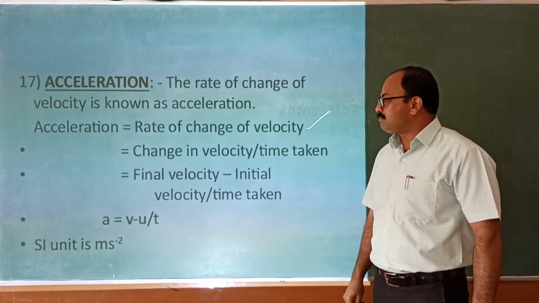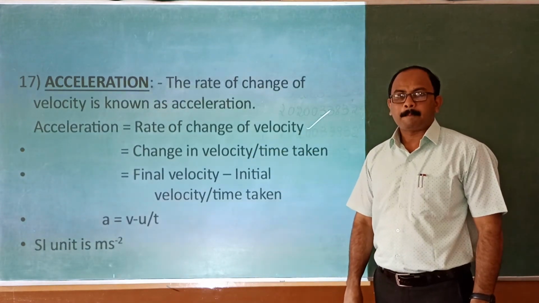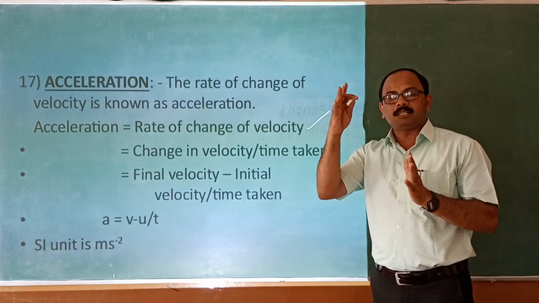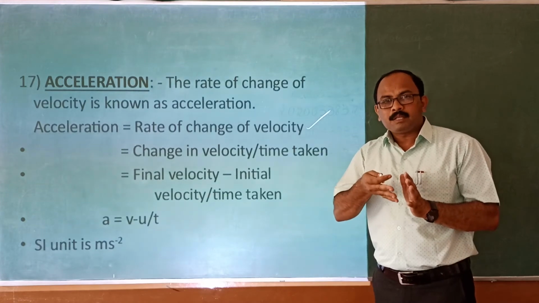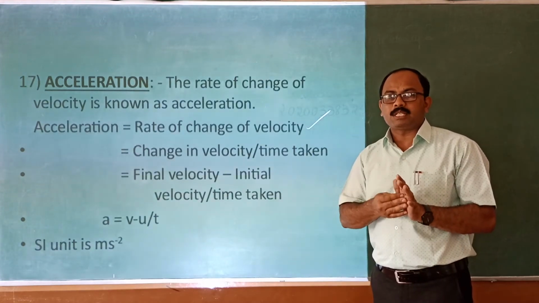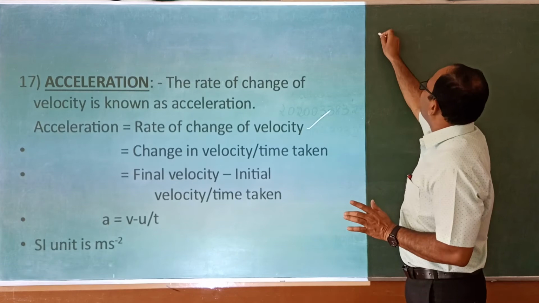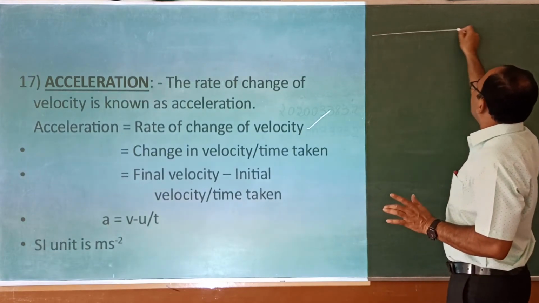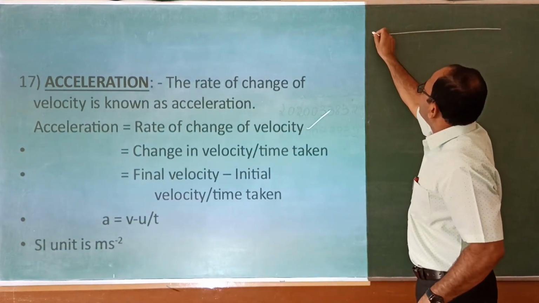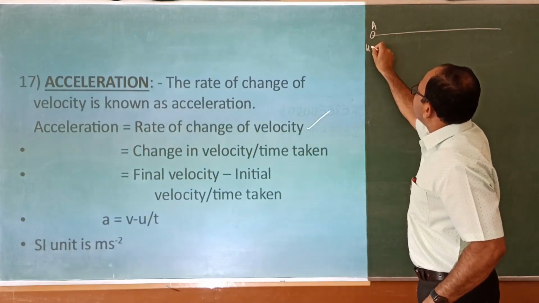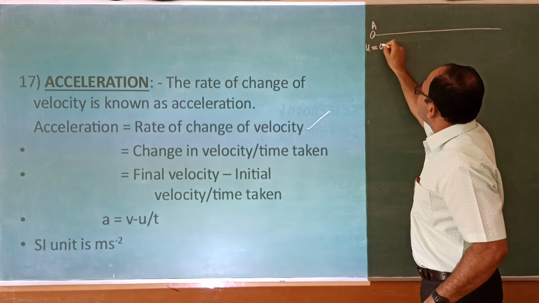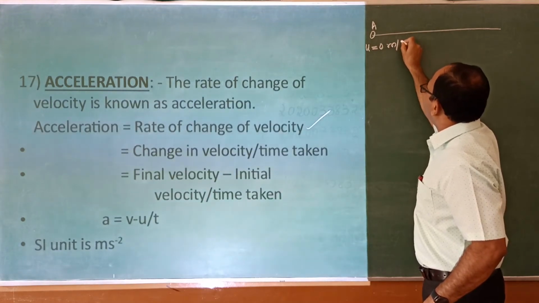Change in velocity means, children, it might have traveled with a final velocity, starting from an initial velocity. Imagine a vehicle moves on a highway, children. It starts from A. At this position, its initial velocity is 0 meter per second.